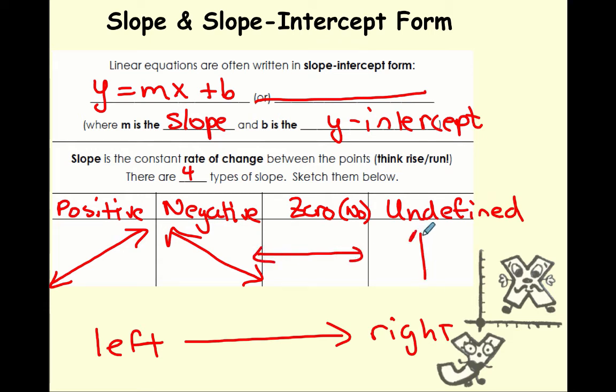And for an undefined slope, it's a vertical line. Always remember ski man. Ski man always starts on the left. And so he's going up when it's positive, down when it's negative, across when it's zero, and he will fall off the cliff and perish away if he goes down an undefined slope.